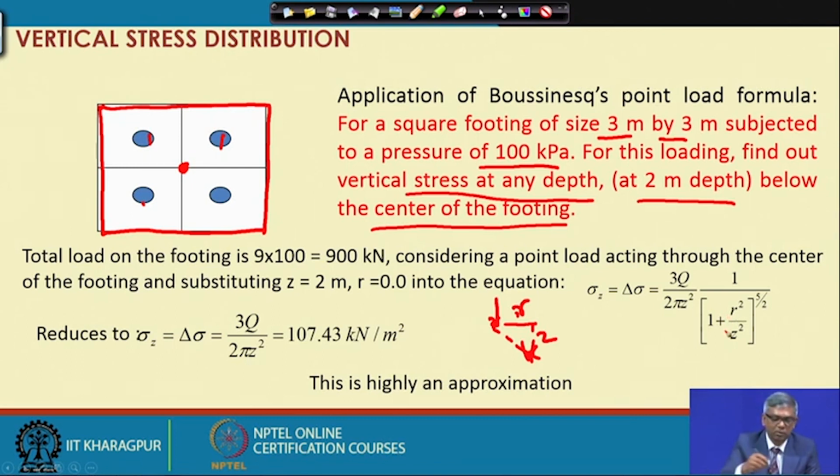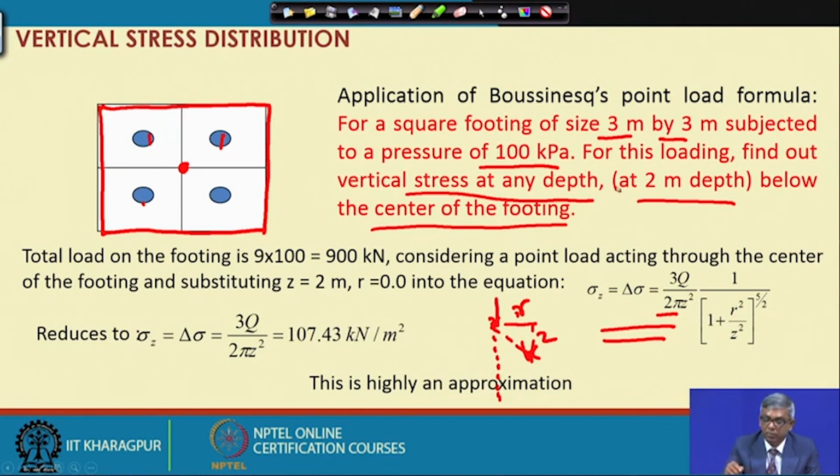In that case also, always, throughout below the depth of the loading, I can find out the stress using this equation. So this is the requirement. I have to find out the stress below the center of this footing. Now you can see this is the equation we have shown before: 3Q by 2 pi z square, 1 by (1 plus r square by z square) to the power 5 by 2.